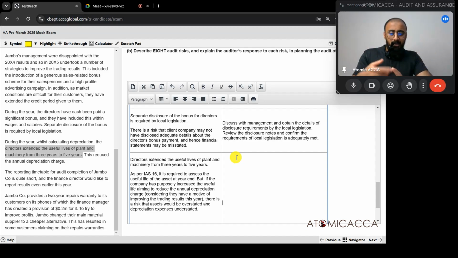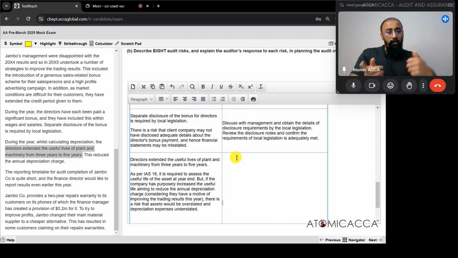First thing I can do is I can go talk to the management and ask them, why did you make this change, and understand their rationale behind this, like their mindset behind this. But whatever they say, am I supposed to believe this? No, I will not stop over there. I need more evidences. What can I do? For similar kind of assets in the market, I can check what is their useful life. Or for a competitor, if they have a similar asset, what is their depreciation policy?